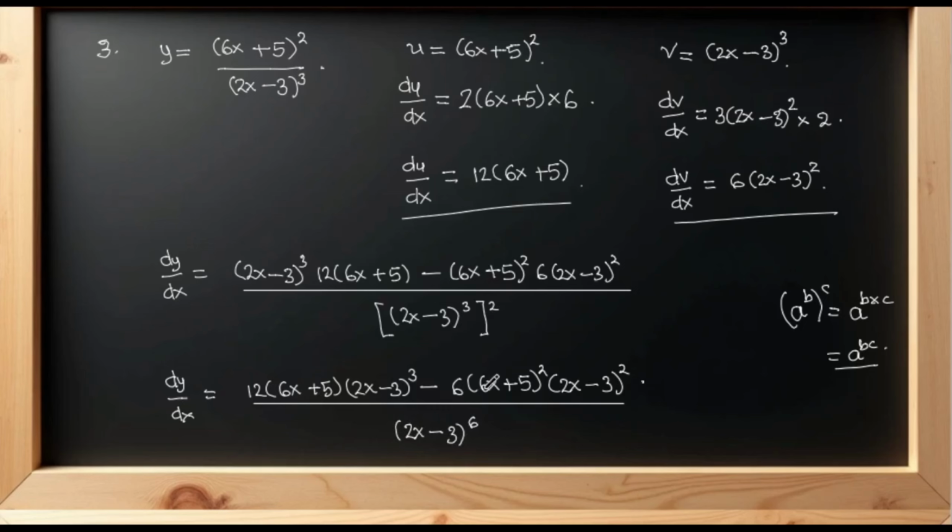So with all this said, all those three common terms can be factored out by taking them away. We have our dy by dx should be equivalent to, now we can see that 6 was common, and then 6x plus 5 was also common, and 2x minus 3 raised to the power 2, because there were two of them, one was raised to the power 2, the other one was raised to the power 3.